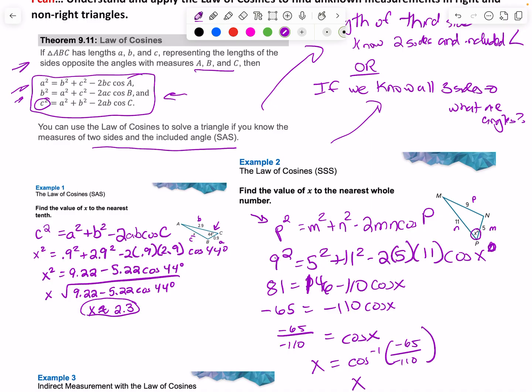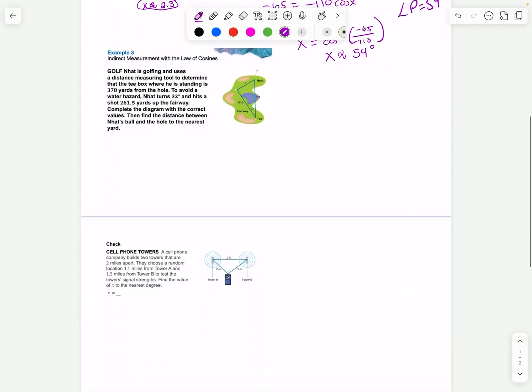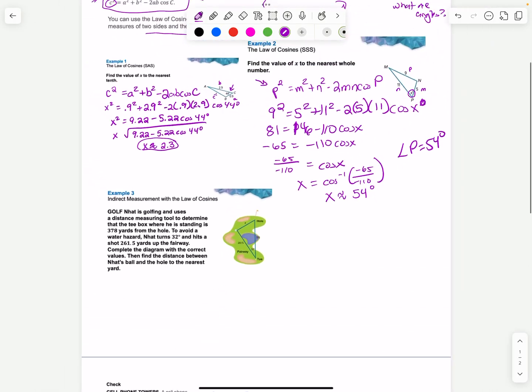And when we put that in the calculator, it comes out to be about 54 degrees. So angle P there would be 54 degrees. I hope that makes sense there on that one.